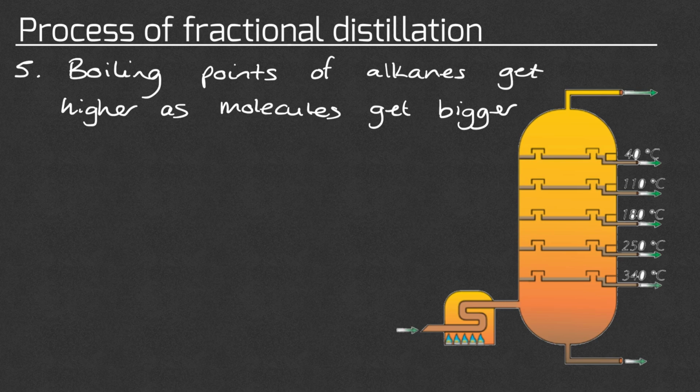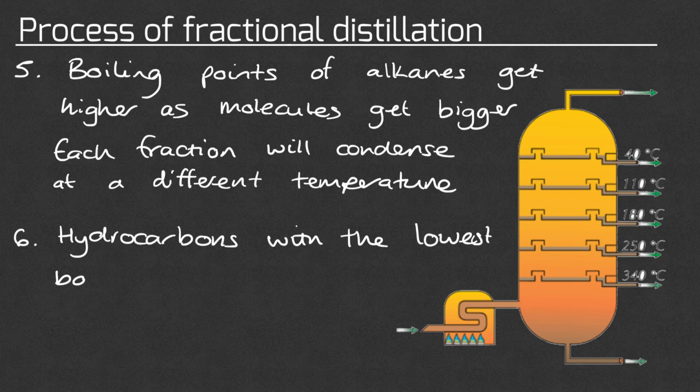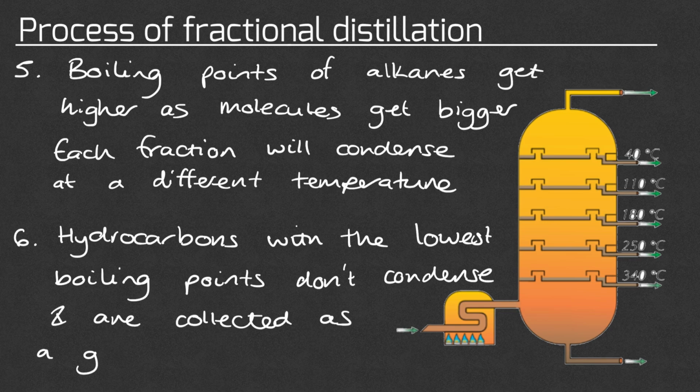So the long chains have got a high boiling point, the shorter chains have got a low boiling point. This means that each fraction, each collection of chains of a similar length, will condense at a different temperature as the vapour rises up. The hydrocarbons with the lowest boiling points won't condense and will be collected as a gas at the top.